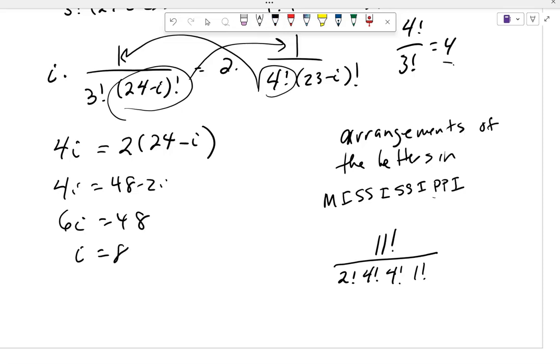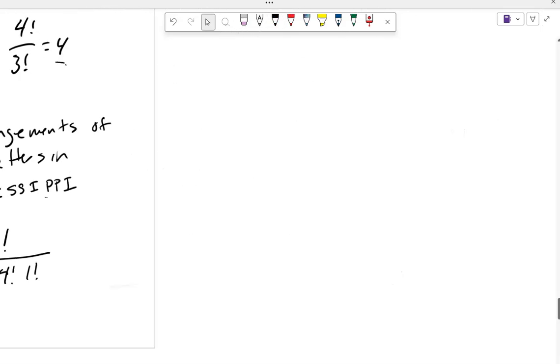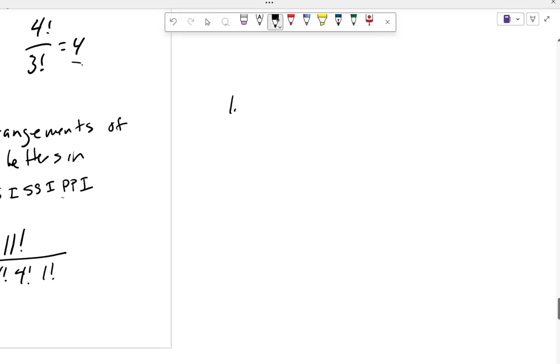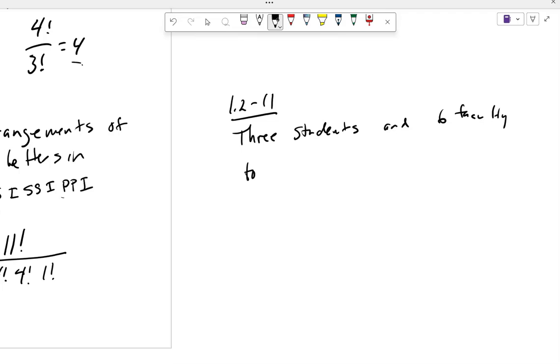In your text, they have a problem. This is 1.2-11. They've got 3 students and 6 faculty to be seated at a table.